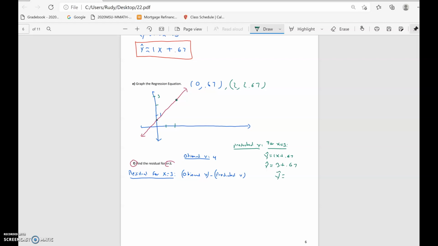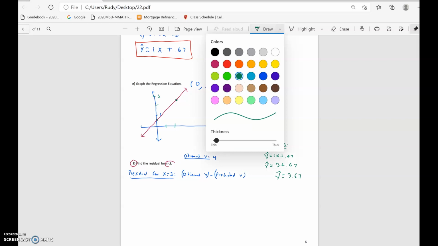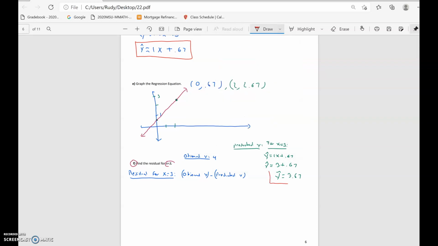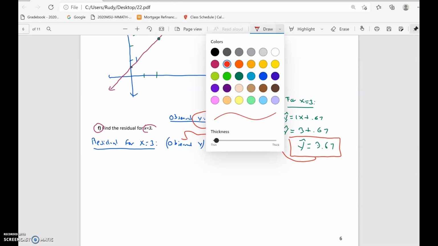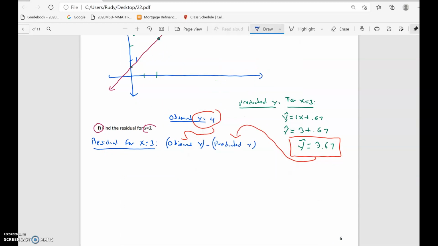So your y hat is equal to 3.67. That would be our predicted value. And we were already given the observed y, which was a 4. So in this case, your residual is going to be 4 minus 3.67.